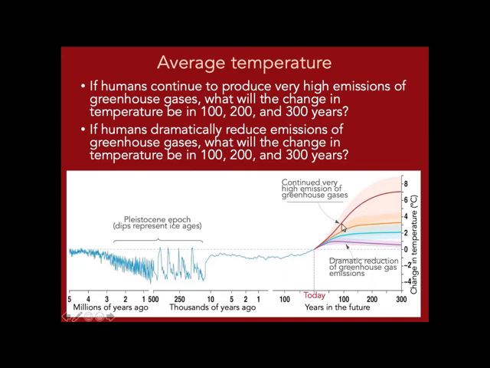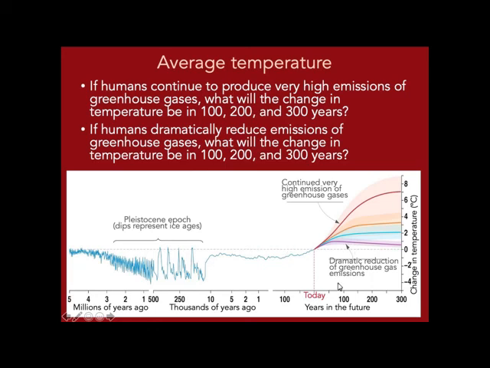So in 100 years, what will be the change in temperature? 4 degrees Celsius? Yeah. All right, what about 200 years? 6.5 degrees Celsius. All right, 300 years? 7 degrees Celsius.